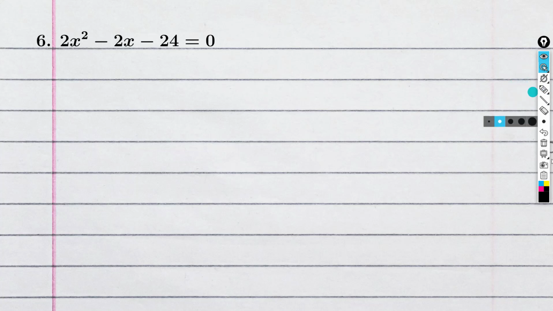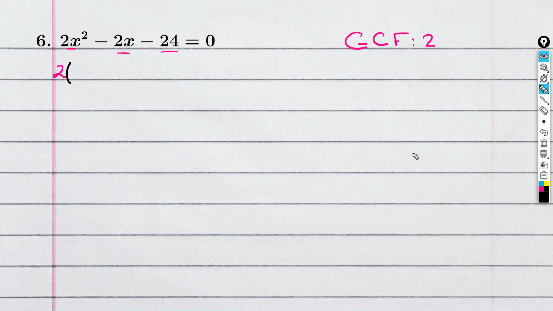So now let's look at this next one. On number 6, we look at all three terms, see is there a GCF? And in this case, the GCF is 2. There's not an x in all three terms, so we don't have an x. And so we put 2 in front, and then we open up our parentheses.